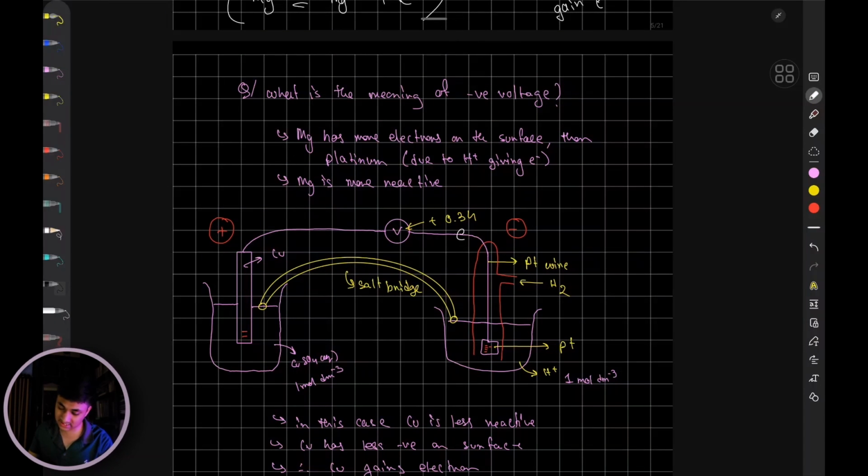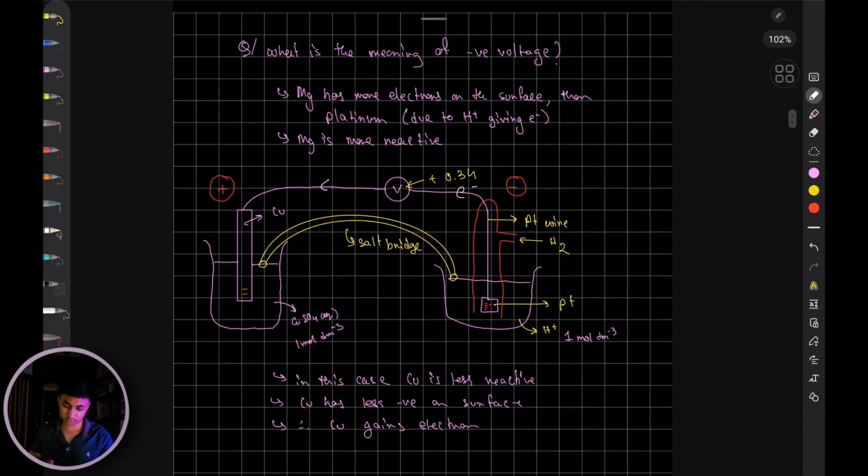So electrons in this case are going from the hydrogen ion half cell and reaching the copper and copper ion half cell, which is why its electrode potential is going to be very positive compared to the hydrogen and hydrogen ion half cell. So less amount of negative charge on the copper electrode, which is why it is going to pull the electrons from the hydrogen and hydrogen ion half cell, which is why copper will have a positive electrode potential.